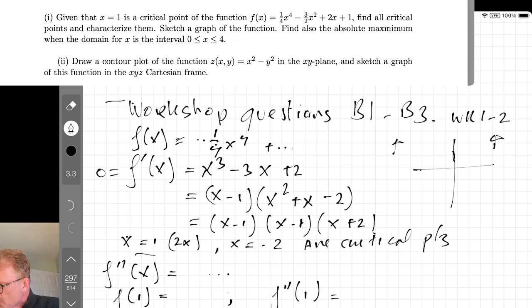Since it's a double root, we expect f prime to be 0, so we can already say that, and then we need to find out what the sign is of this one. So when it's bigger than 0, it's a minimum, and when it's less than 0, it's a maximum.